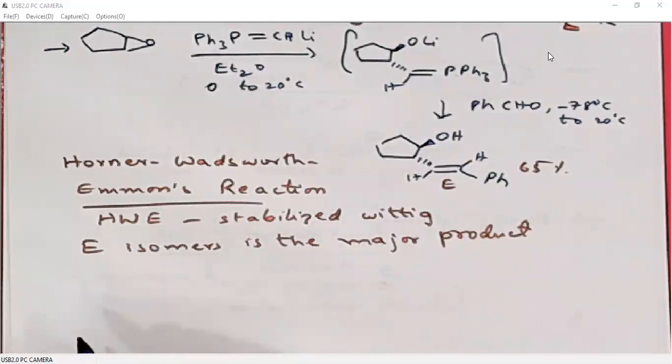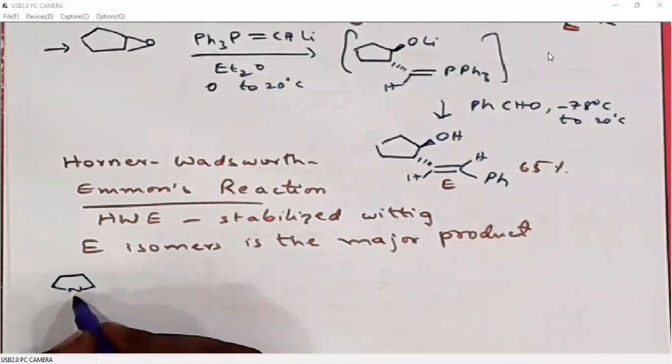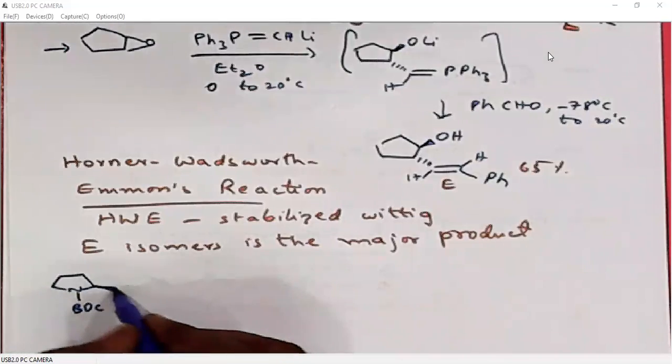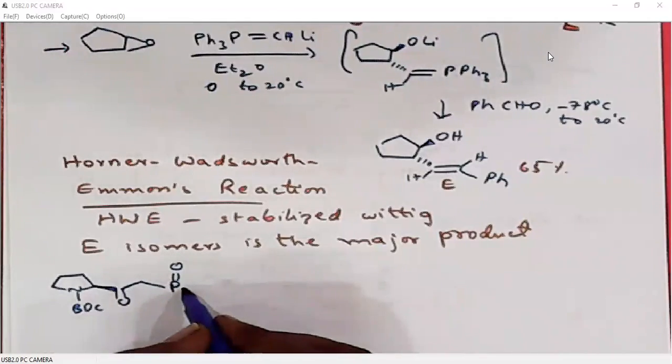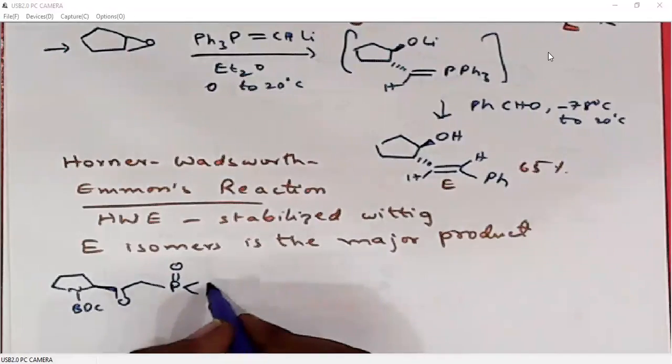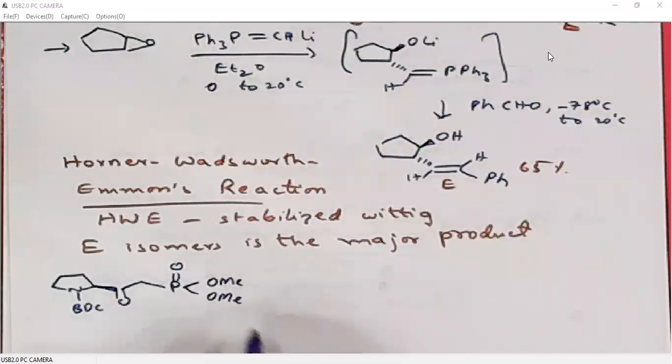What is the Wittig reagent we use in the Horner-Wadsworth-Emmons reaction? Generally, we have used triphenyl phosphine, something like that.